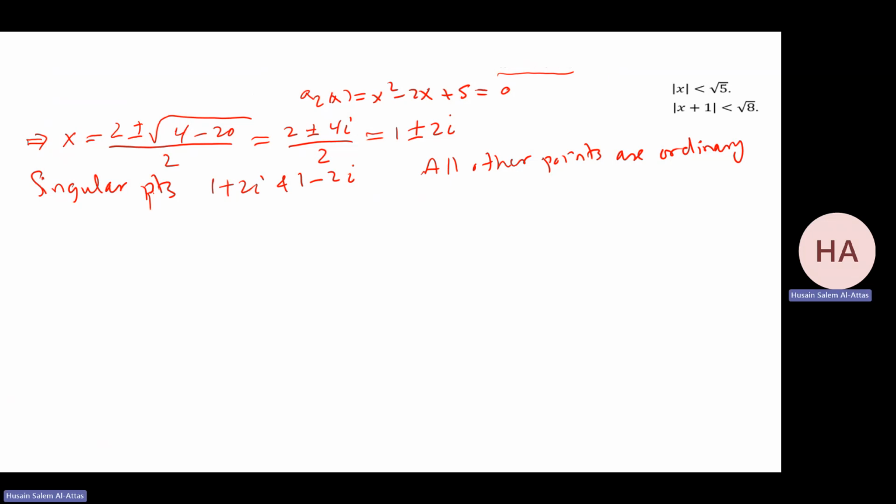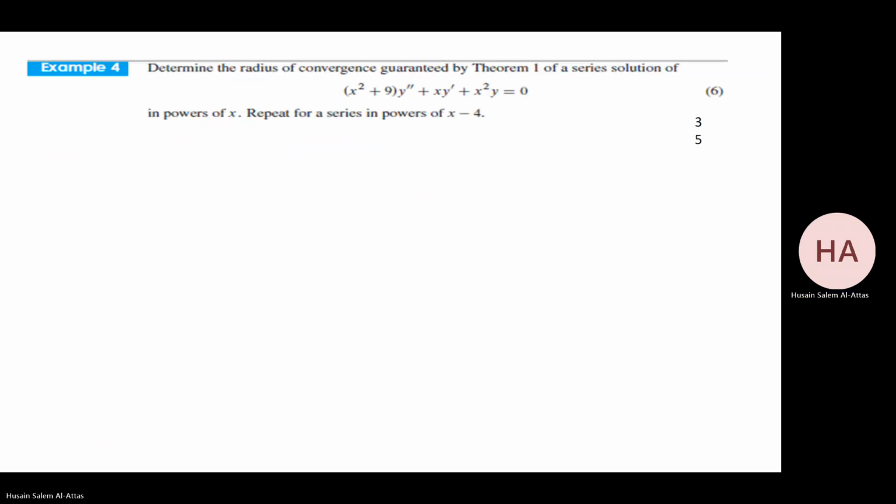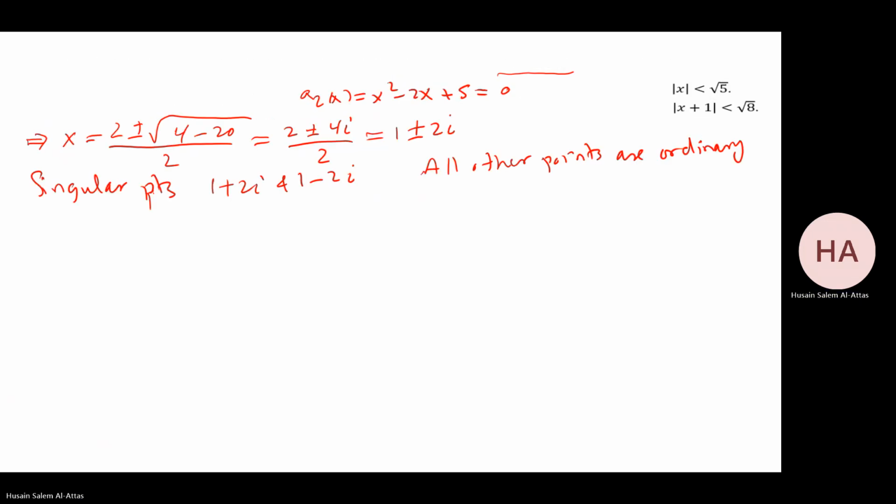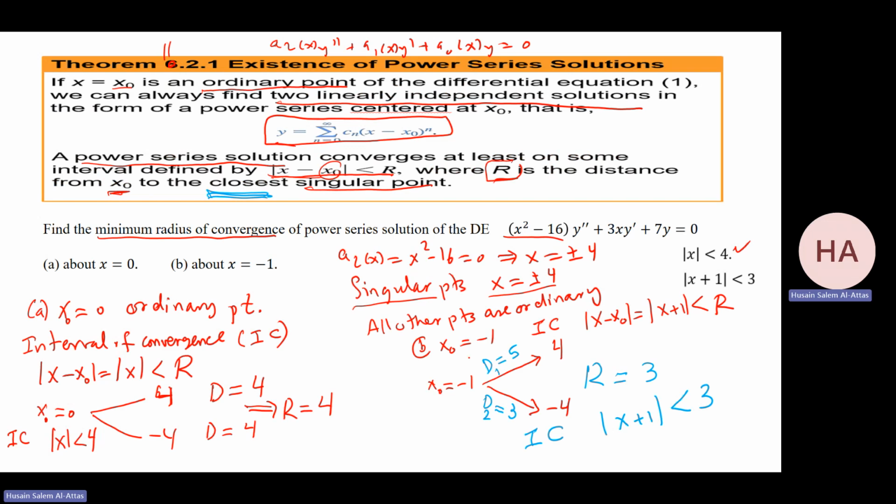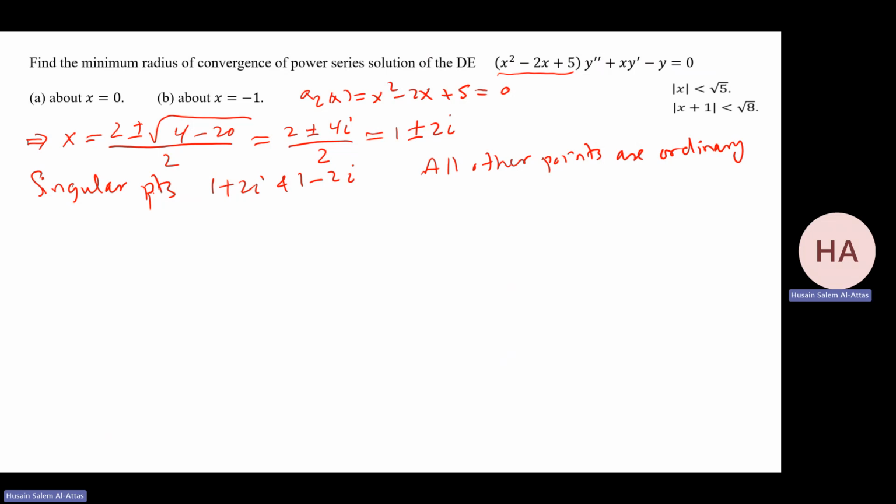Don't forget in this one, minus 1 is ordinary. Why is it ordinary? Because the singular points are only x equal plus or minus 4, and minus 1 is not part of that. Okay. So now let me do part A.